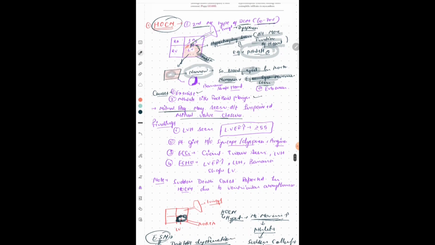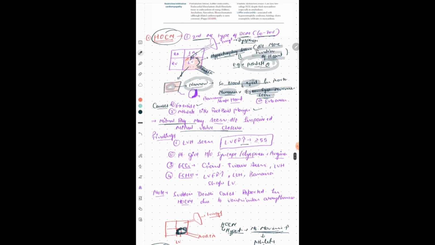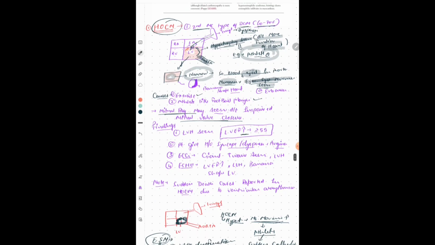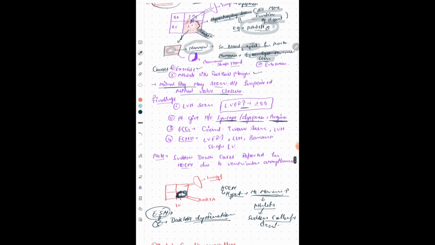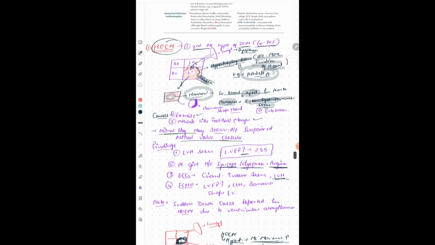In this there is an ejection systolic murmur seen. If there is an ejection systolic murmur, it means the blood is ejecting more, so LVF will increase. The patient gives a history of syncope, dyspnea, angina, chest pain. In ECG you will see left ventricular hypertrophy, because you can see hypertrophy here.